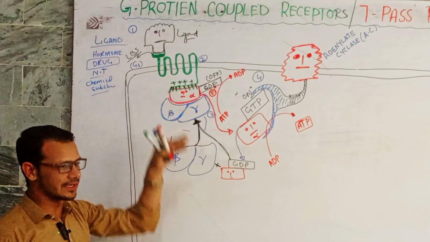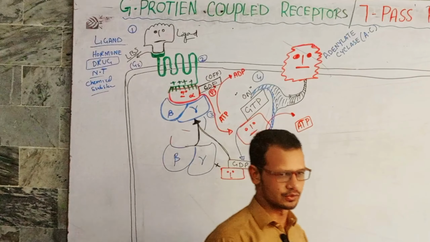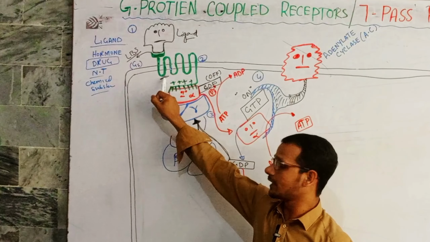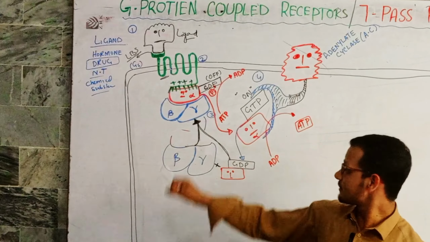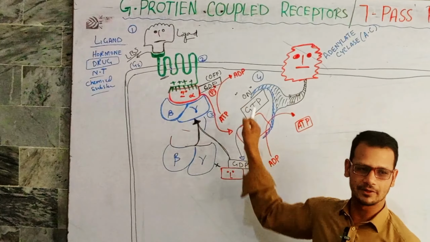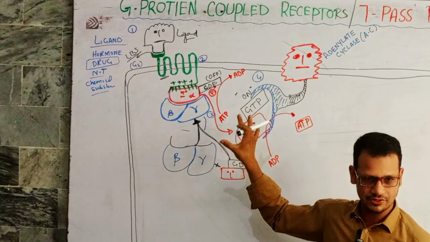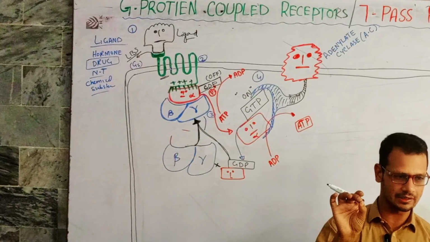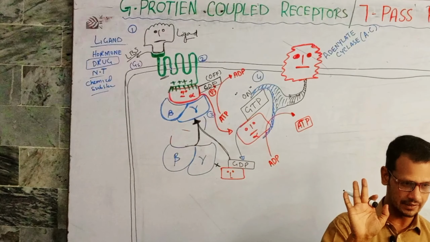For example, we are taking medicines again and again in high doses. A time is reached when this receptor becomes saturated and this cycle will be stopped, and when this cycle is stopped, the drug has no more action in the body, right?